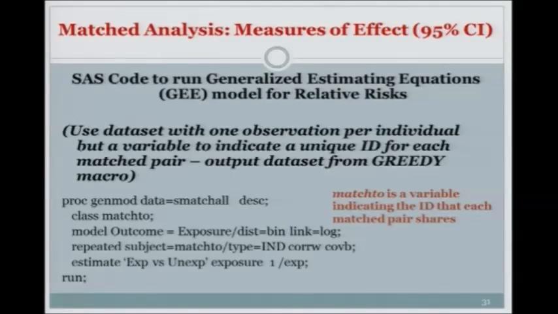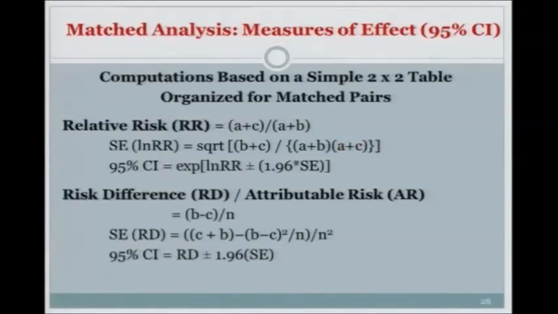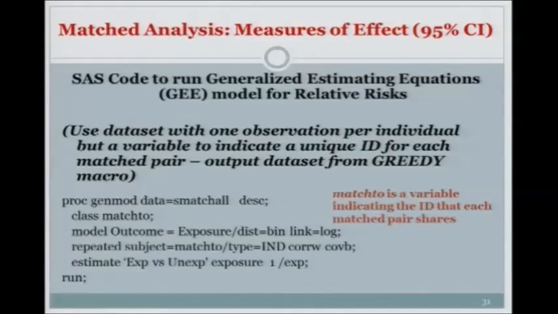This is on the long version of the data set, where you have a program participant and their matched non-program participant as different observations, and you have a matching ID that matches them together. You use that matching ID here, and for the covariance structure, independent. What that'll do is correct the standard error because you have matched pairs. So you could have done this by plugging and chugging and computing the standard error there, or using generalized estimating equations. Both will give you the same result. Because this is just a crude model at this point, we're not controlling for any covariates, because that's already done in the matching process.